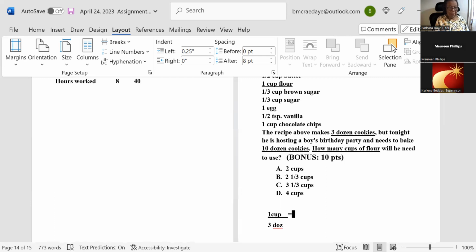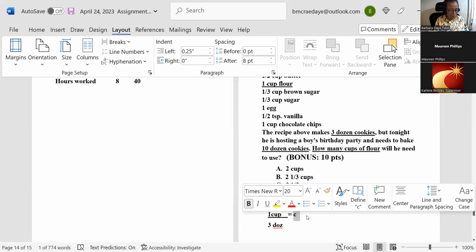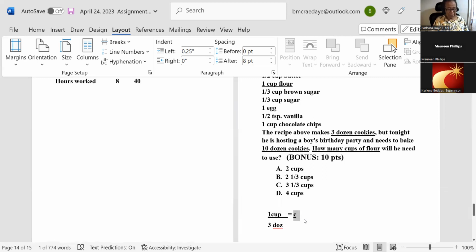And you want to make 10 dozen. So I put 1 over 3, and that would be equal to what? You're looking for cups. Let's call that C. The unknown would be for cups, right?